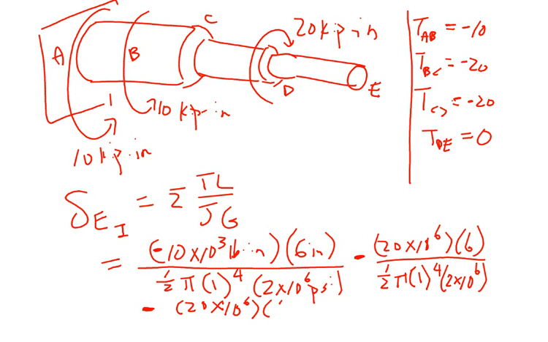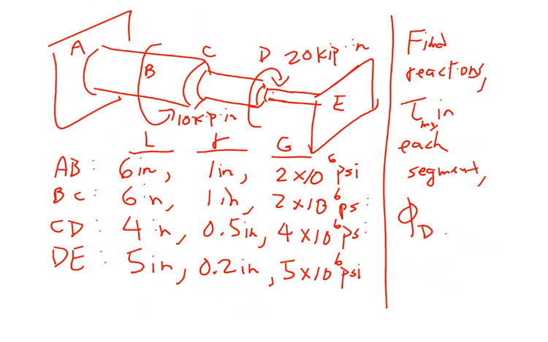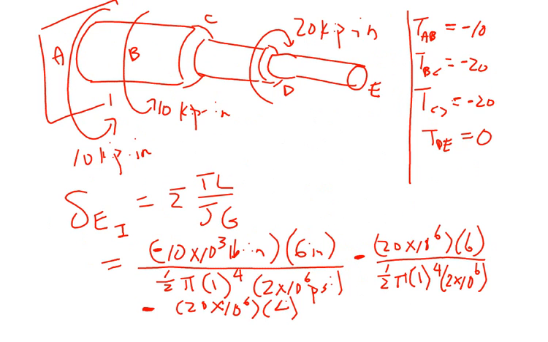Length was 4 inches, was it? Four inches, 1/2 inch radius, 2 times 10 to the 6 psi. 1/2 pi 0.5 to the 4th times 4 times 10 to the 6th. All right, so if you work this out, you're going to end up with some value.